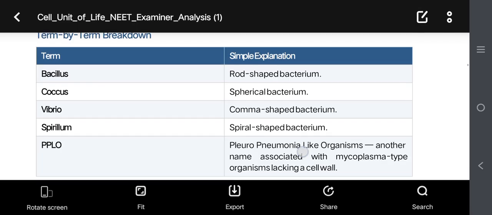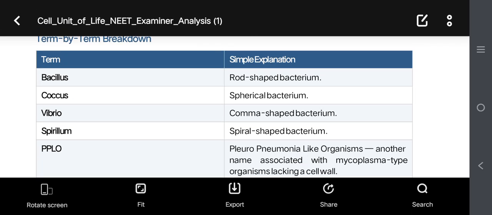This table is also very important. It explains that a rod-shaped bacterium is termed bacillus, a spherical one is coccus, a comma-shaped one is vibrio, and a spiral-shaped one is called spirillum.